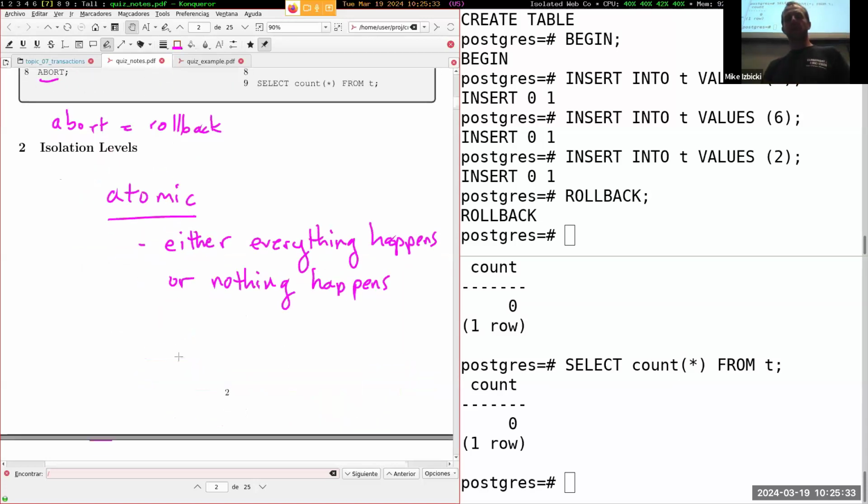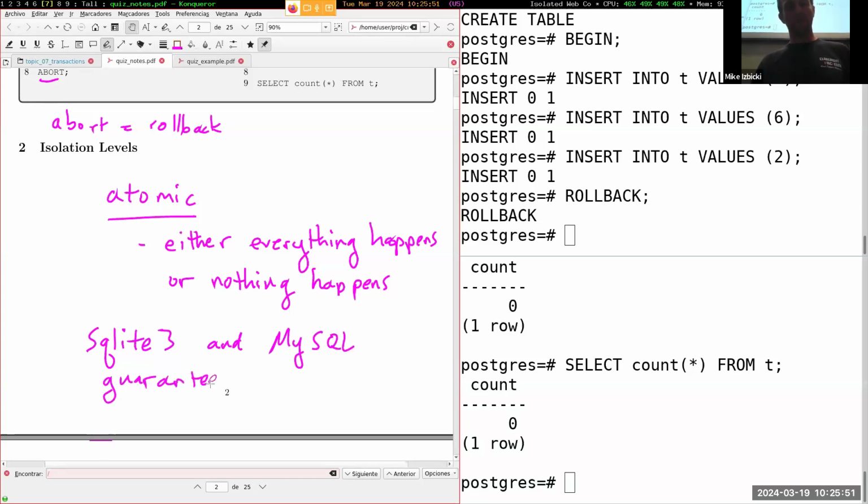Other databases, RDBMSs, also guarantee atomicity. So SQLite 3 and MySQL also guarantee atomicity. SQLite has the reputation of being very good about correctness in this way, in the same way as Postgres.